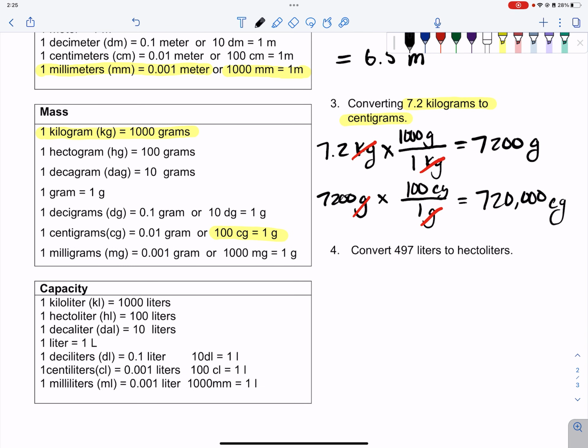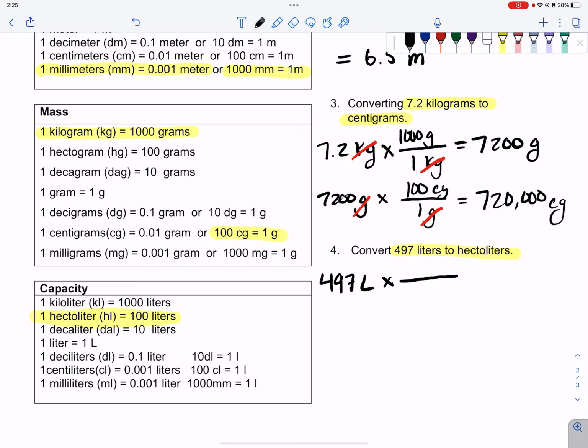Okay, last question that we have is to convert 497 liters into hectoliters. So we have 497 liters, and to convert this into hectoliters, well, I need my equivalency over on the left, that 1 hectoliter is equal to 100 liters.